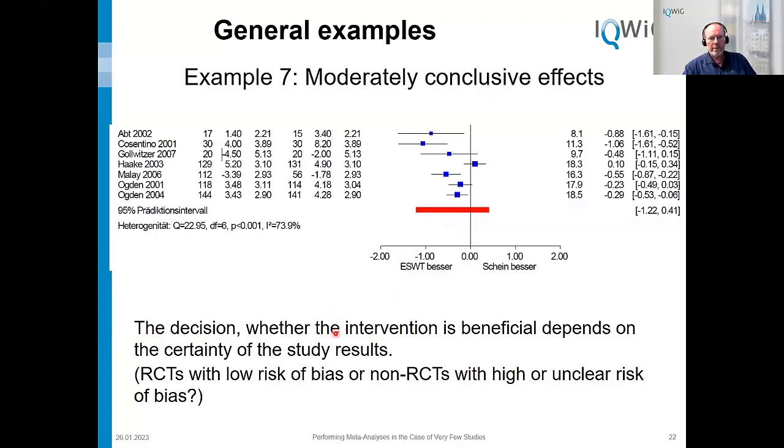So the decision whether the intervention is beneficial or not is now dependent on the certainty of the study results. If you have RCTs with low risk of bias, you can say there's at least an indication of a beneficial effect. But if you have non-RCTs with high or unclear risk of bias, you may conclude there is no proof of intervention effect. This depends on the situation.